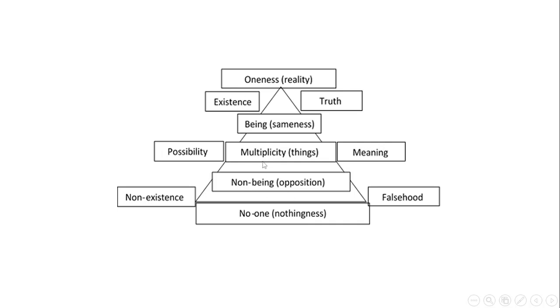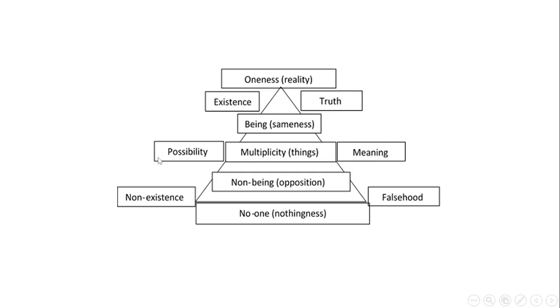Now we are going to move from the opposite sides to the middle side, meaning from top and bottom to the middle part of the model. So if we do it on the left side, that would be contingency, from existence to possibility, and from non-existence to possibility.